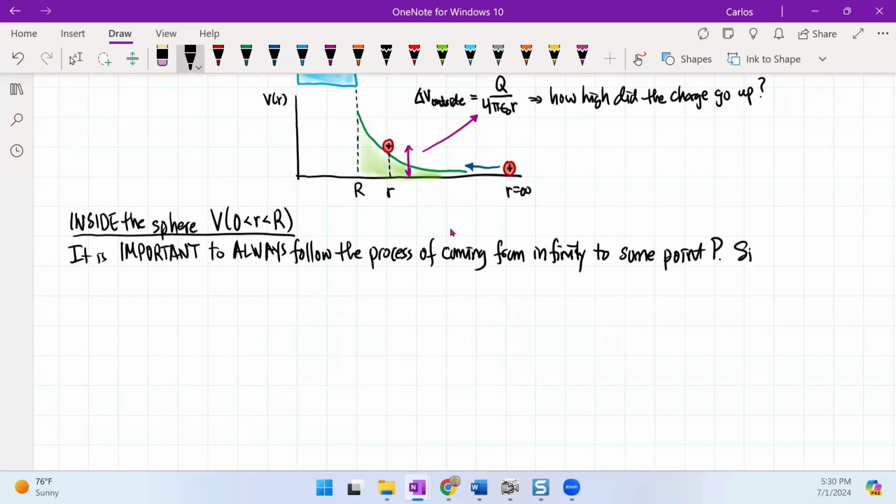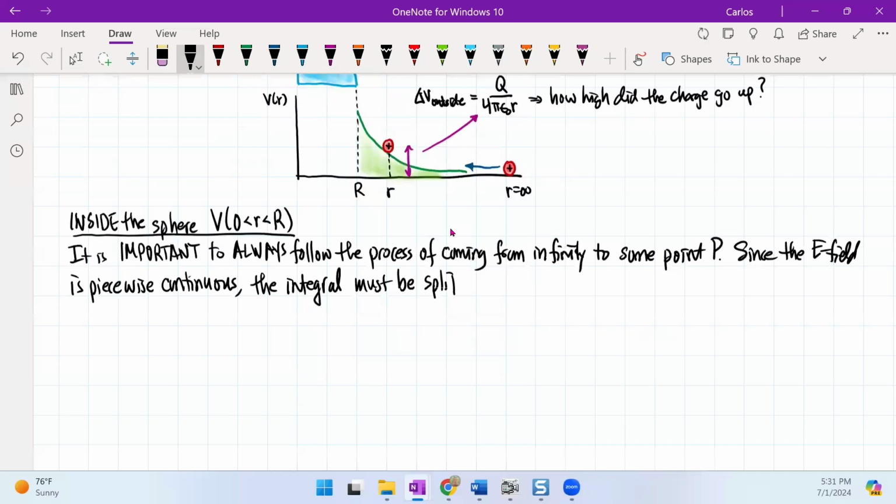So since the electric field is piecewise continuous, the integral must be split up between the outside and inside.